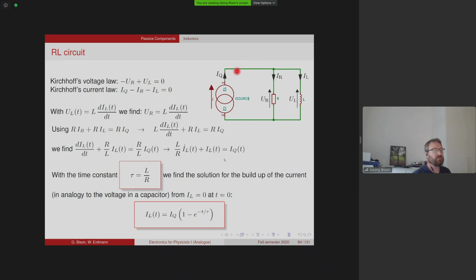So this means in the beginning, the current flows through the resistor here, because the inductor is not really conducting. And then as the current in the inductor rises and rises, the effective resistance of this becomes smaller and smaller, and in the end, all the current goes through the inductor.